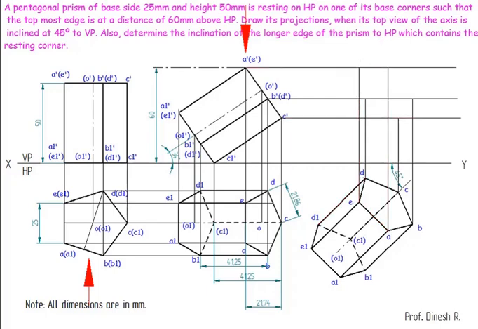So I'm going to rub all these excess lines, retain only whatever is to be kept. So now give the annotations. This point is A dash, this is B dash, this point is C dash, this is D dash, this is E dash.